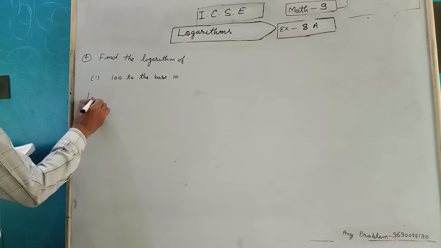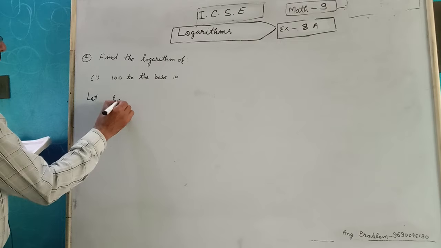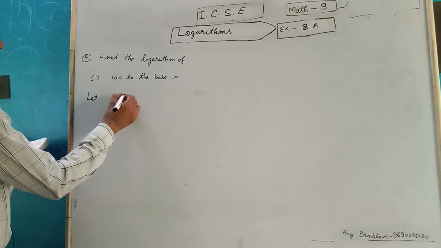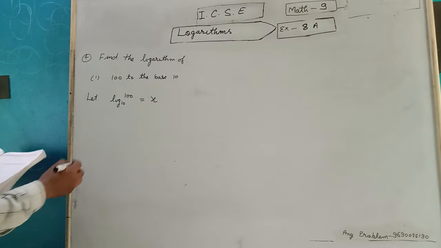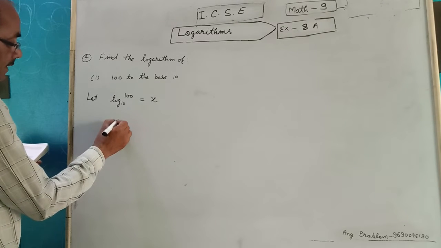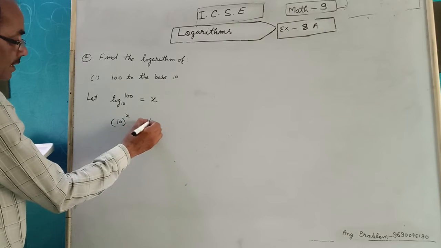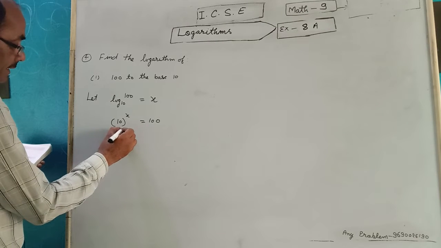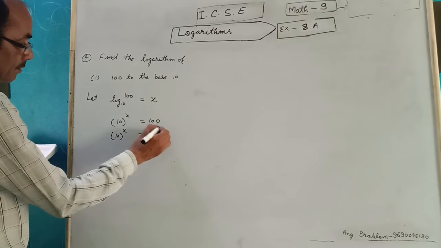You write let the log base 10, value is 100 is equal to x. Write the exponential form: 10 as power x is equal to 100. 100 make the power form 10 as power 2.